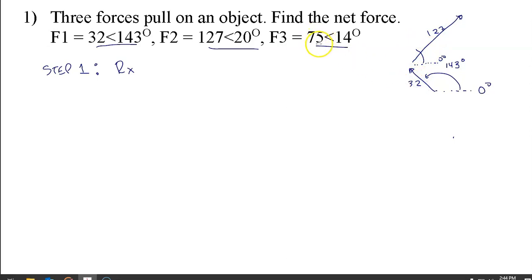And then finally here we want to go 75 steps at a 14-degree angle. Here's my 0, 14 to be something like that. It's not quite as far as the other one, but longer than the first one, so maybe there.